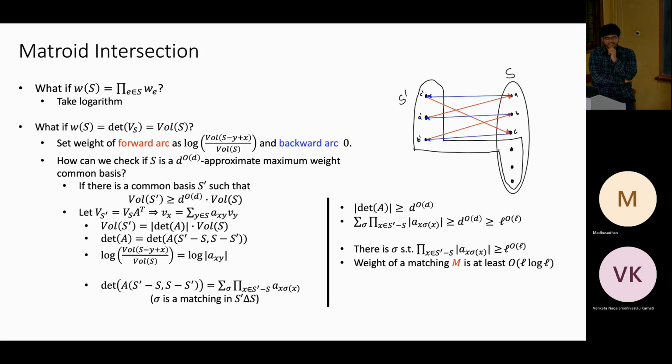I kind of want to believe that, but it's not clear if that's true. So what you're saying is, if I take the log of any function and it's submodular, then instead of W being an additive function, it's just submodular.